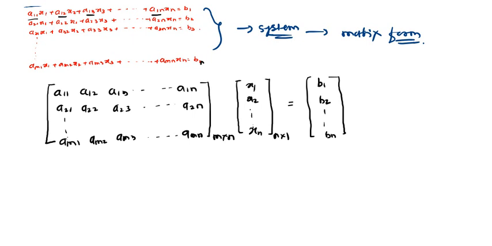Okay, suppose I will consider this matrix as capital A, this matrix as capital X, and this matrix as capital B. So what we get?